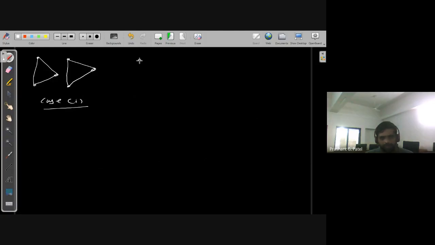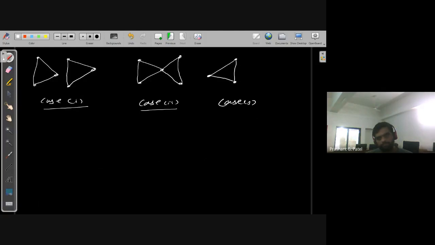In case 2, it may happen that there are two triangles, but those two triangles have this situation. This is case number 2. The case number 3, it may have that the triangle is of this type in the graph.